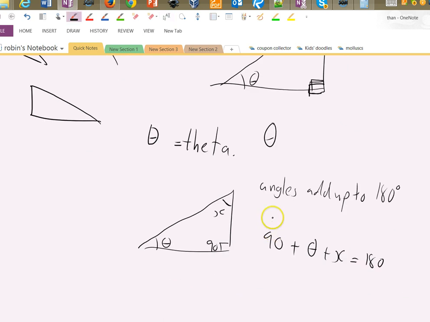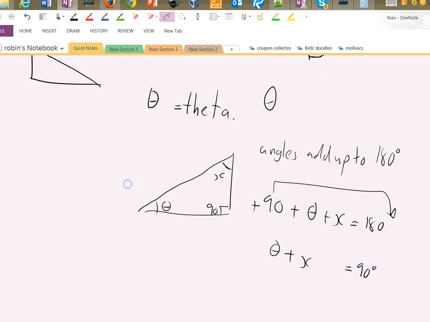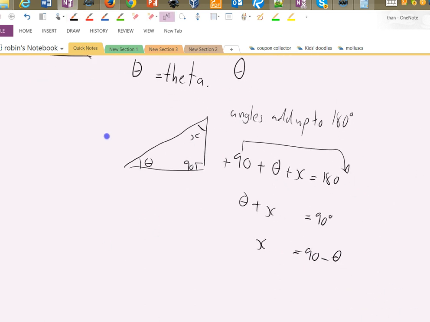So we can take this 90 over the other side, and because it's a plus there, it's a minus on the other side. Theta plus x equals 90 degrees. So x equals 90 minus theta. That's quite nice. So whatever theta is, x is 90 minus that.